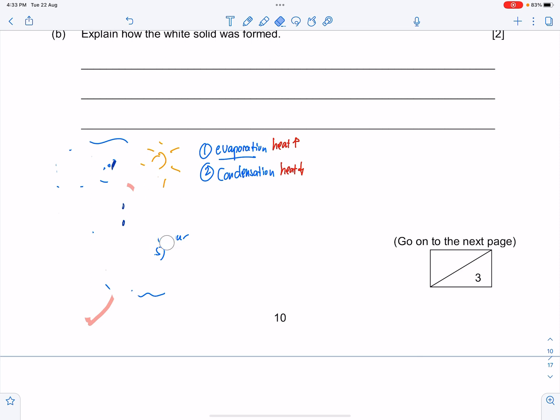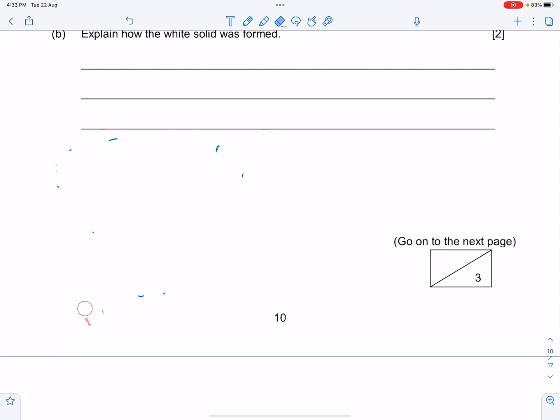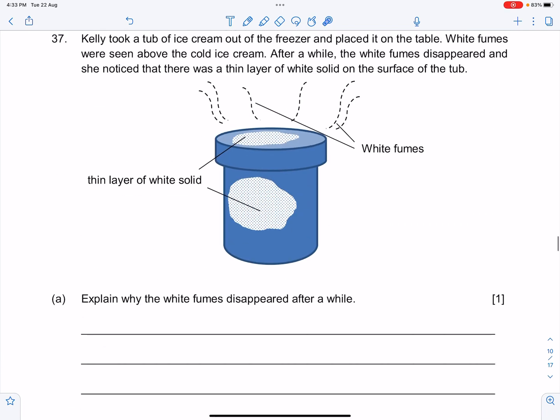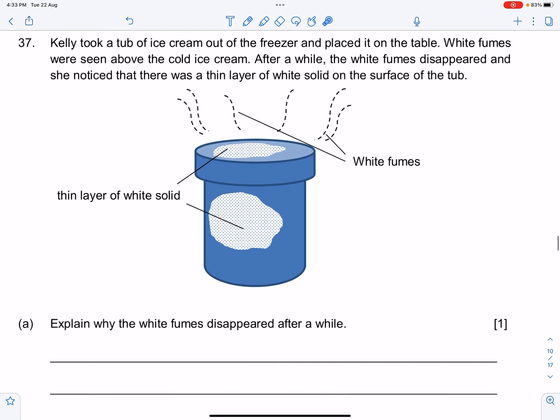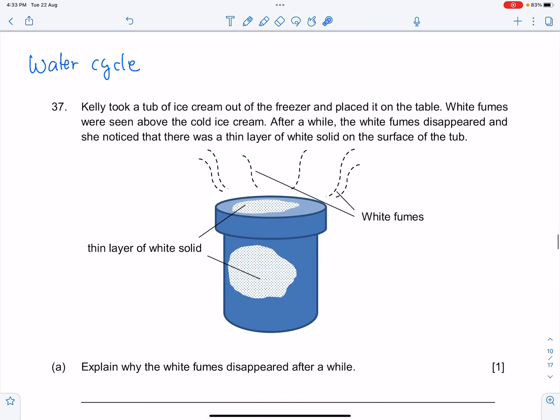Now that we are clear with it, let's take a look at how an application question would require the water cycle. In this question, Kelly took up a tub of ice cream from the freezer and placed it on the table. White fumes were seen.